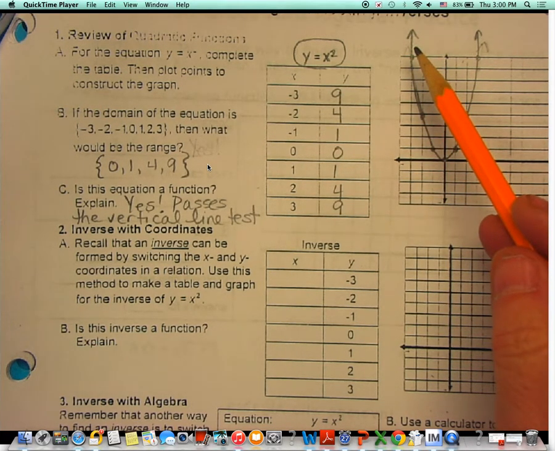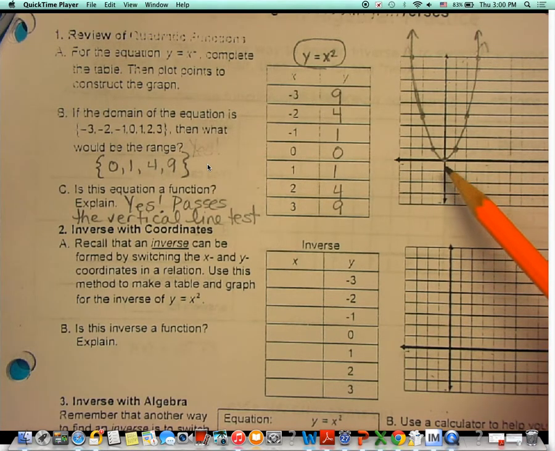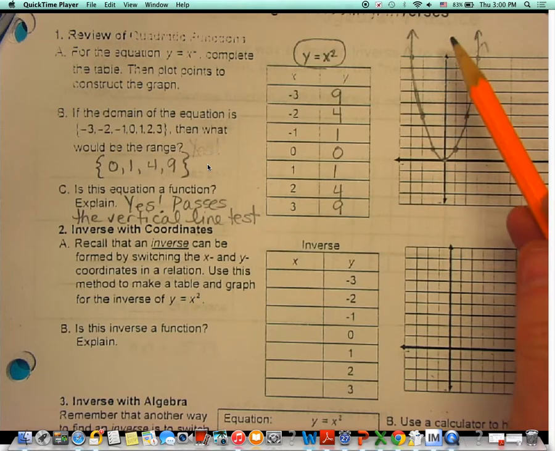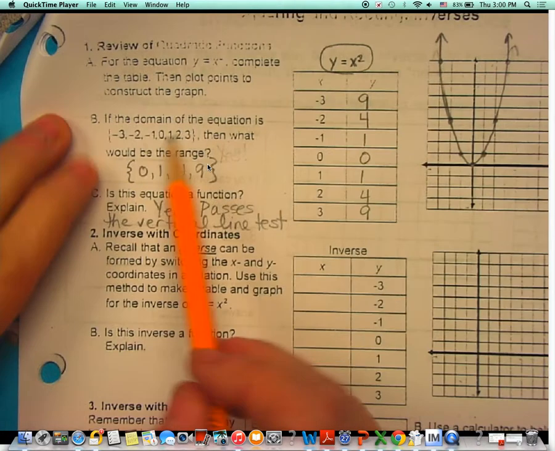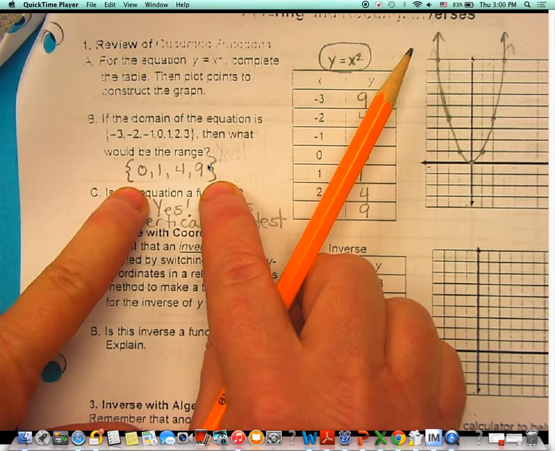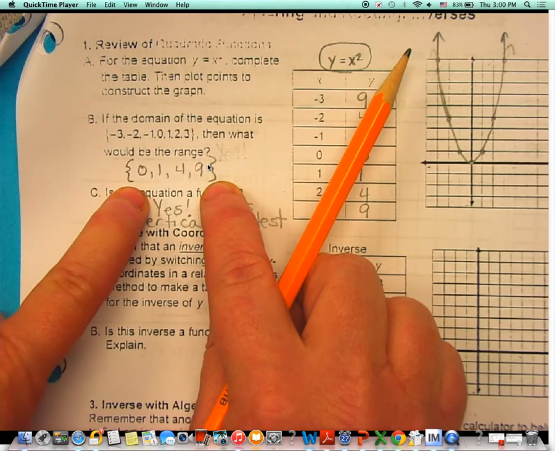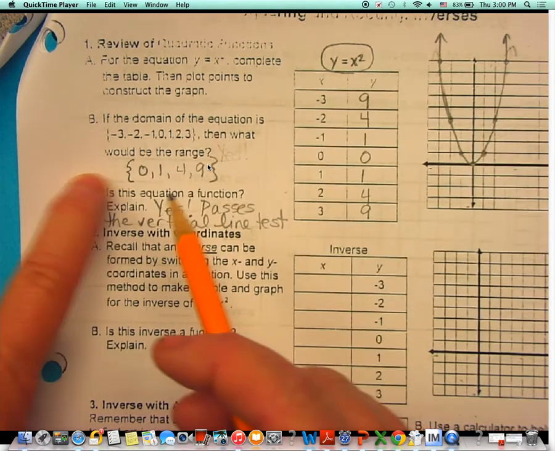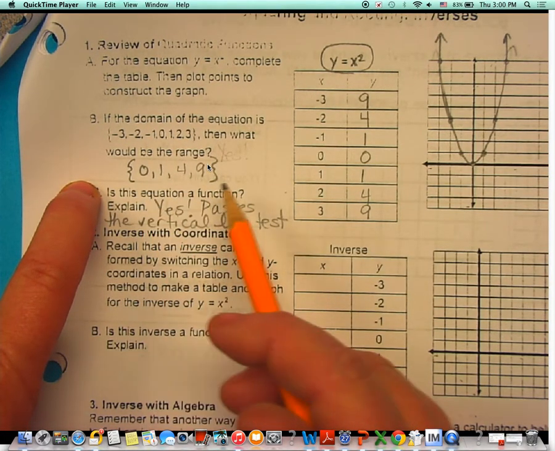All real numbers. And then what would be the range of this quadratic? Greater than or equal to 0. But since they gave us a specific domain, then we had to give them a specific range. That's why it's different. So they just gave us those 3 points. This would be the range for it.